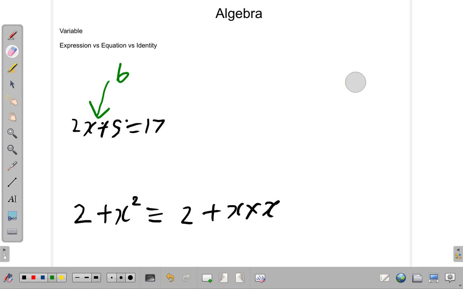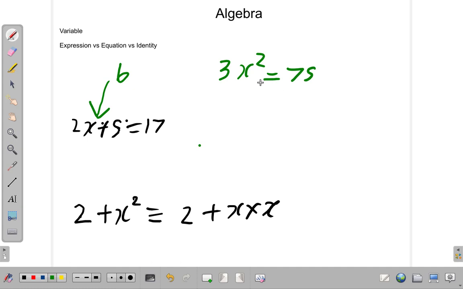Suppose we say 3x squared is equal to, let me see now, 75.